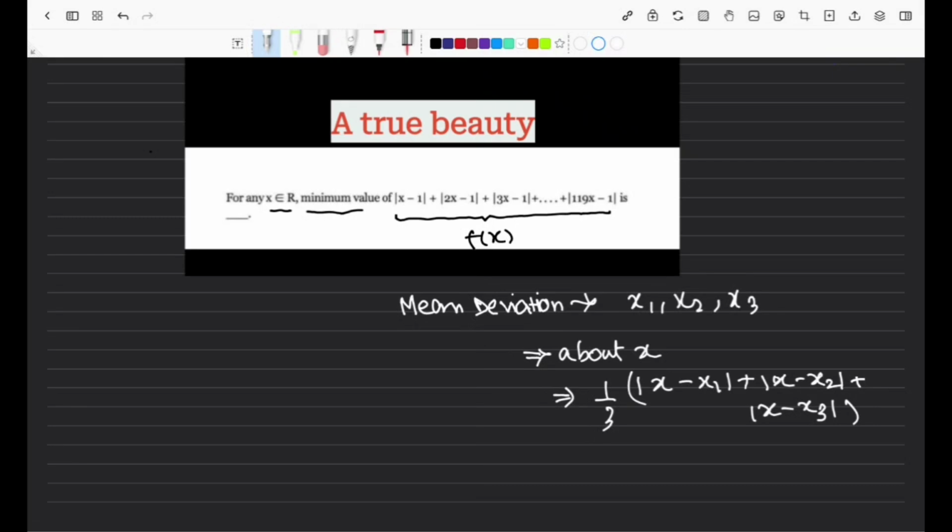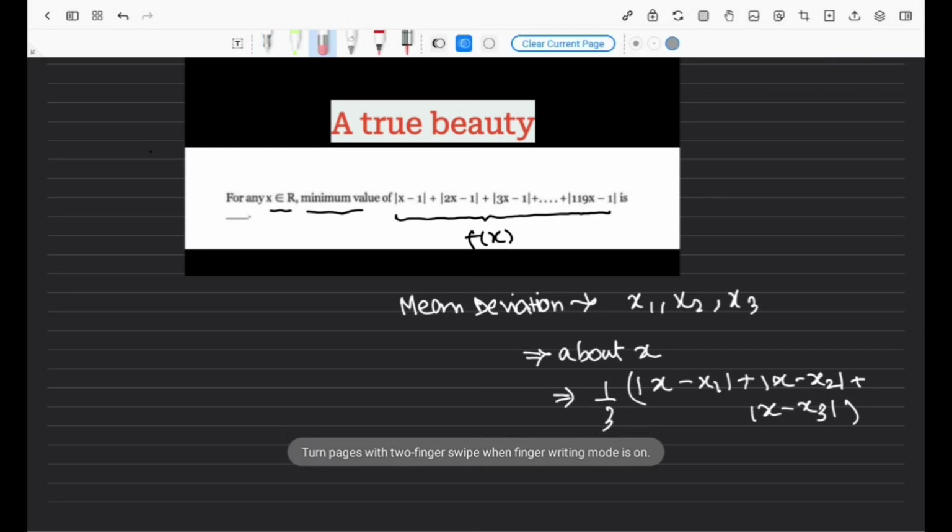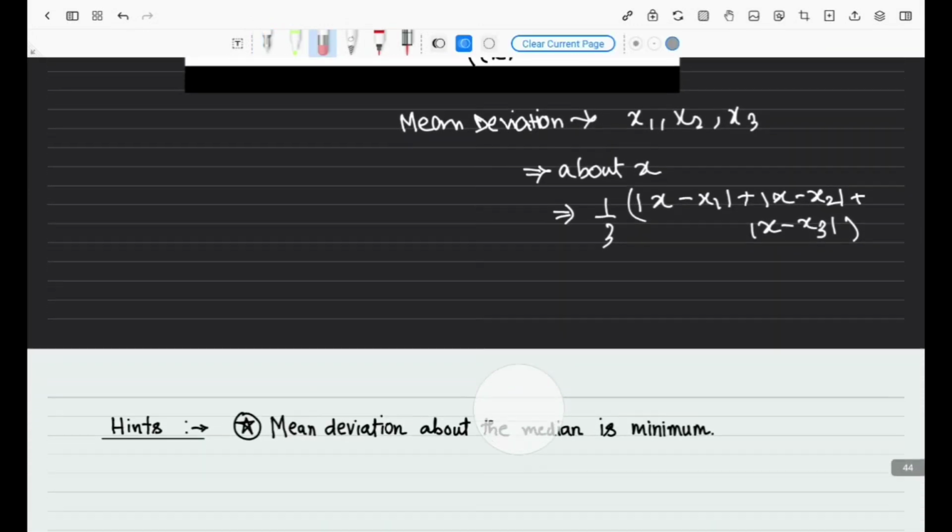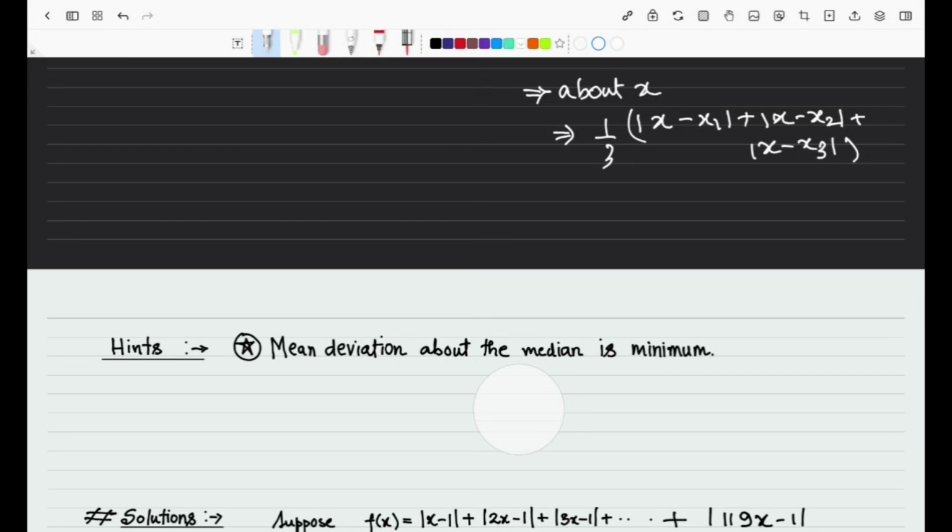Now I feel that most of you won't understand why I am talking about mean deviation in this problem. So let's move on to the hints part, and you would understand why I am so interested in this topic. As you can see, what I have said in the hints is basically that the mean deviation about the median is minimum.